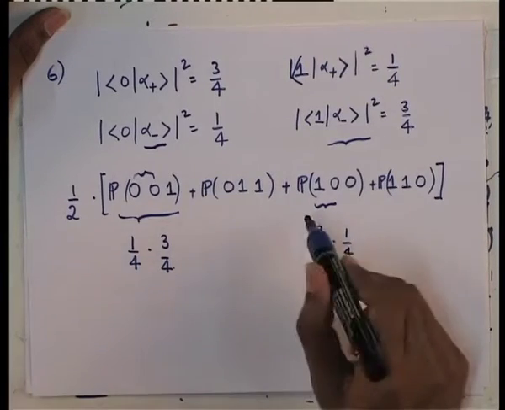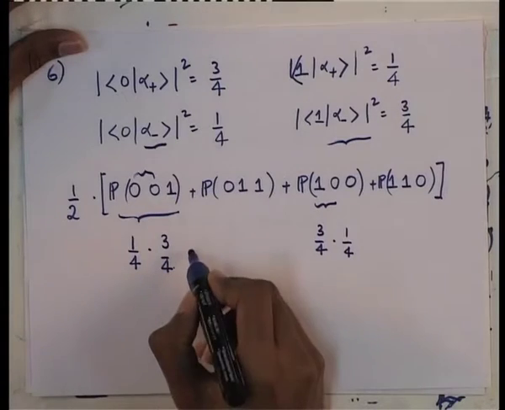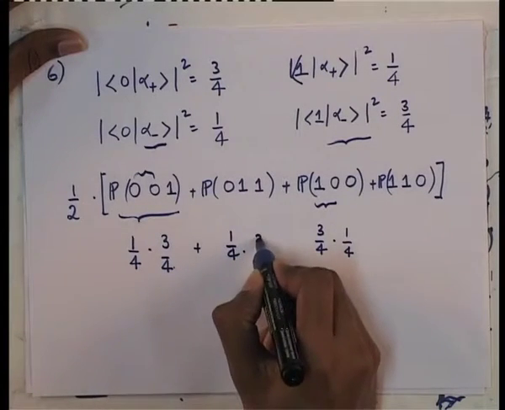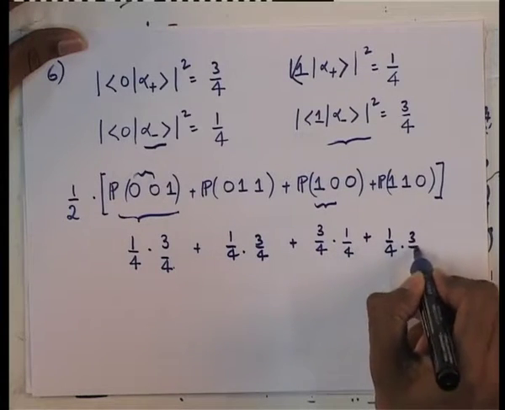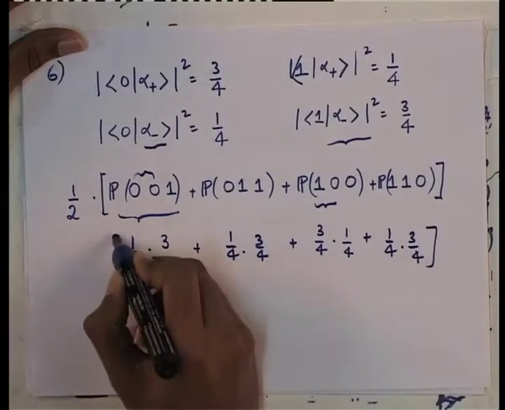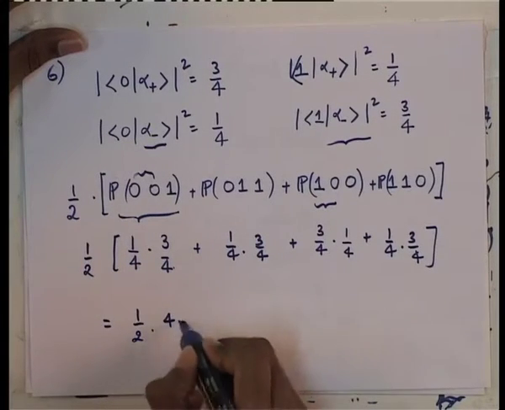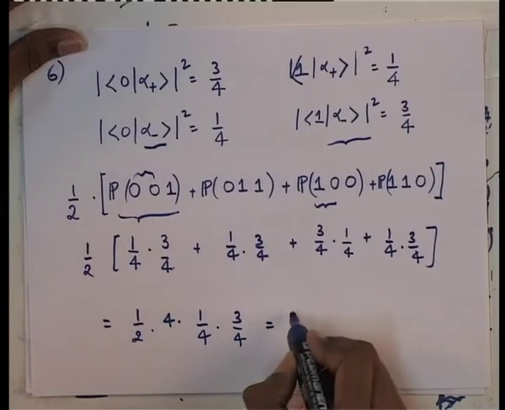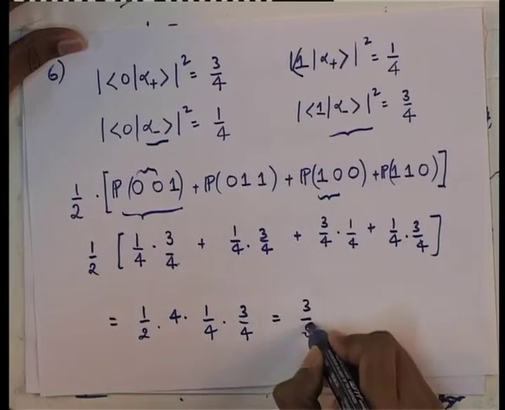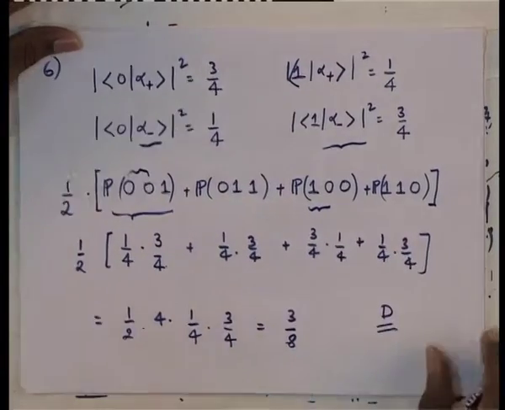In every case we have probability 3 by 4 times 1 by 4. So, it is 1 by 4 times 3 by 4, which is half times 4 times 1 by 4 times 3 by 4, which is equal to 3 by 8. So, the correct answer is option D.